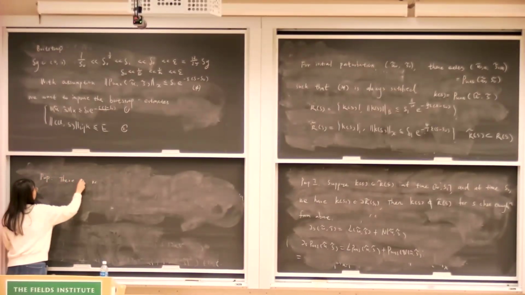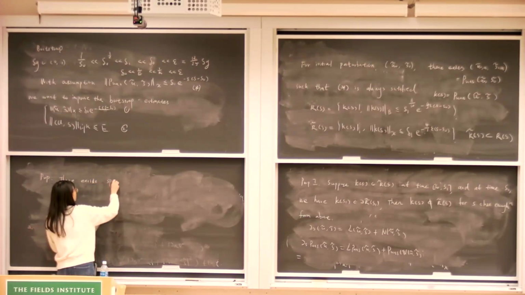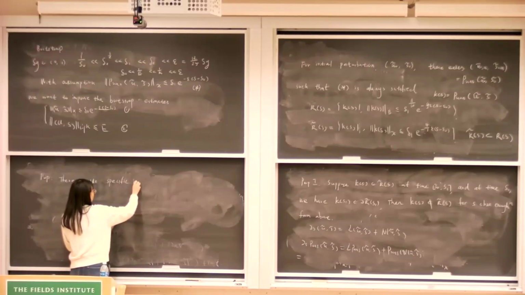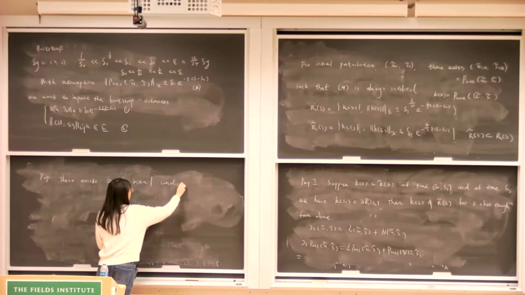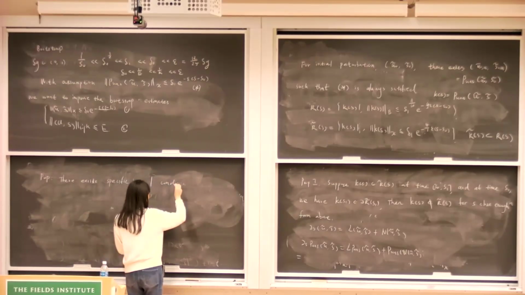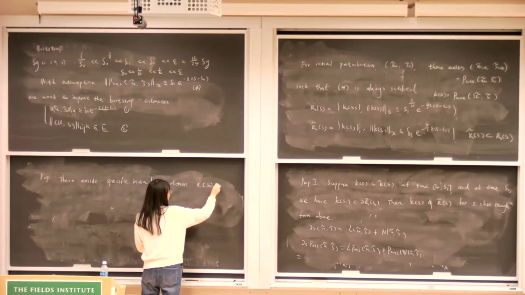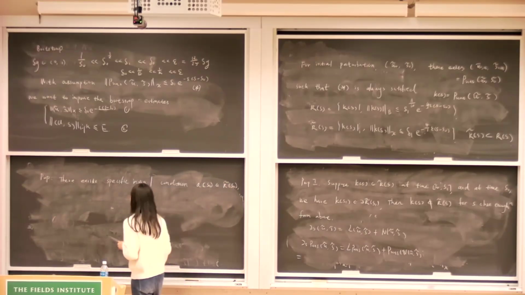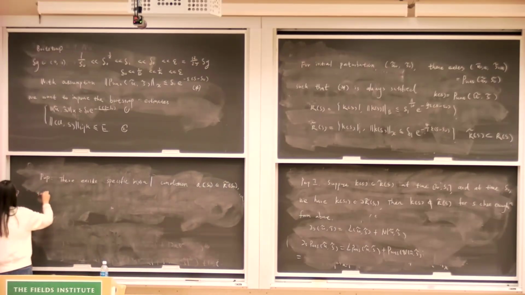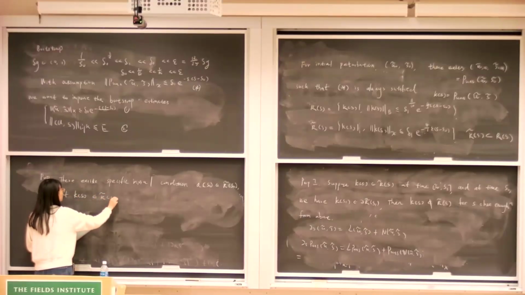So there exists specific initial data A_S naught, which is in our ball, such that A_S is in our smaller ball all the time.